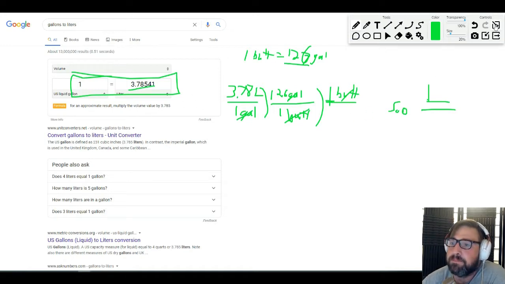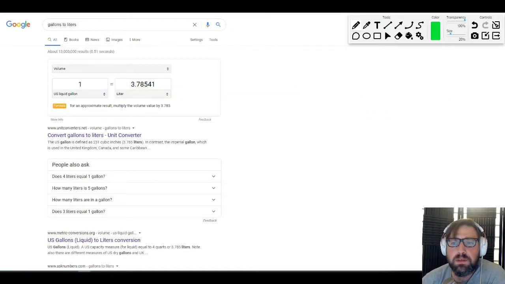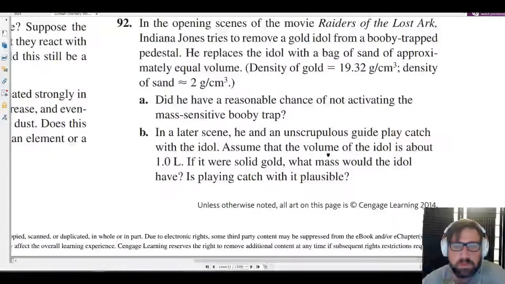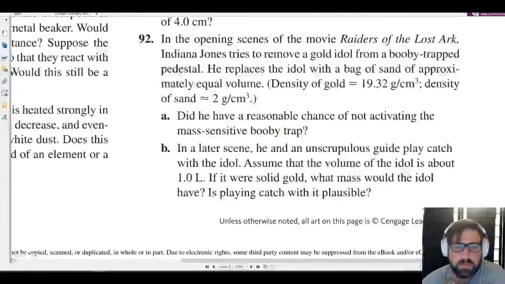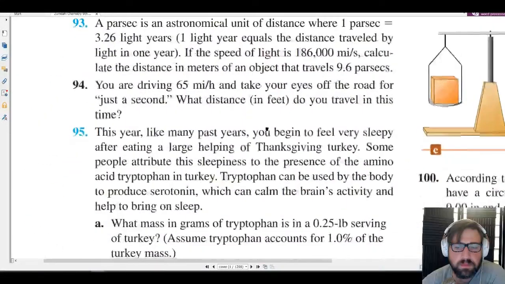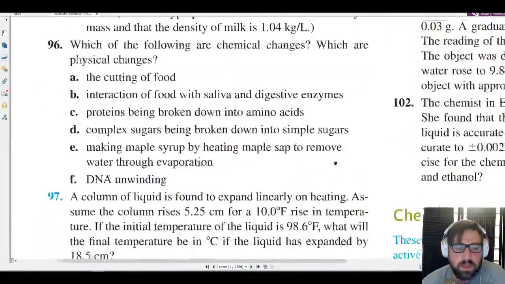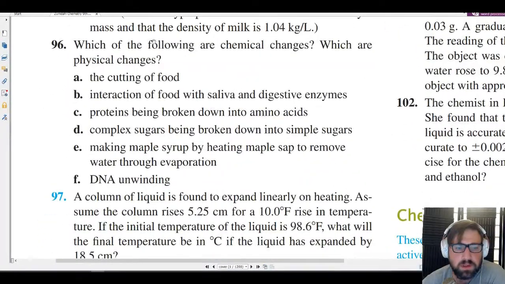All right. Yeah, these are all just things. Okay, here we go. Which of the following are chemical changes? Cutting food.